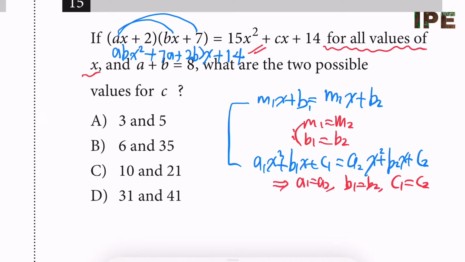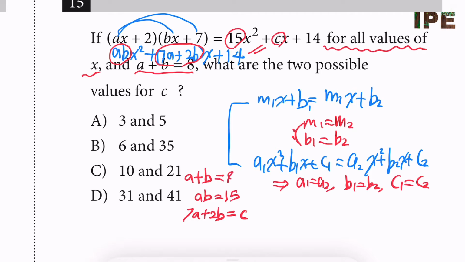It gives you ab should be equal to 15. 7a plus 2b equal to c. And then 14 is already 14. And then we have one more equation, right? a plus b should be 8. And then find the c. From the first two equations, you can find a and b, and then plug those values into the third equation to find the value of c.